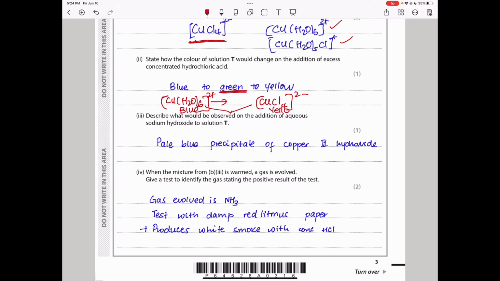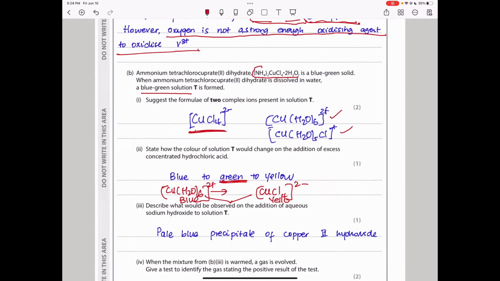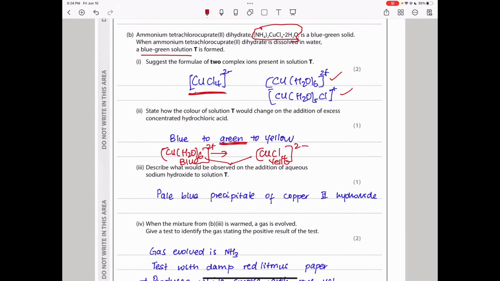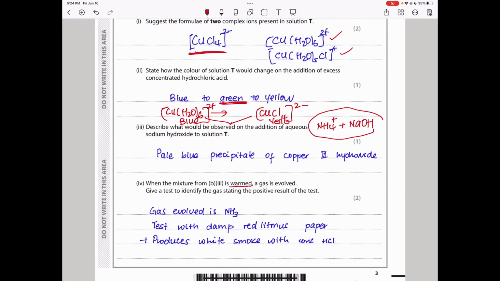If the mixture from 3 is warmed, of course, here you have something. You have added sodium hydroxide to the sample. Remember, this sample contained this whole thing. When you dissolve it in water, it means the ammonium ions are also dissolved in water. So in that sample we have some ammonium ions. Now to that you add sodium hydroxide. When you add sodium hydroxide and then you warm, again here they say that you warm, it means warming.